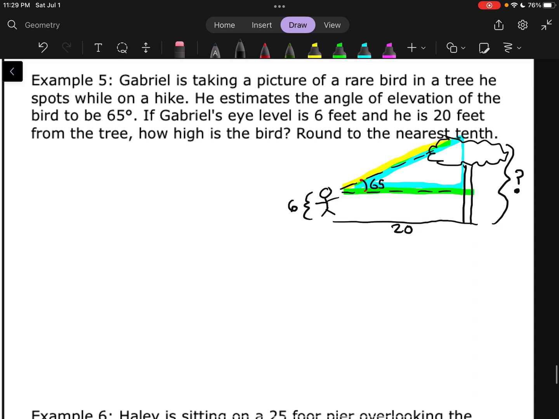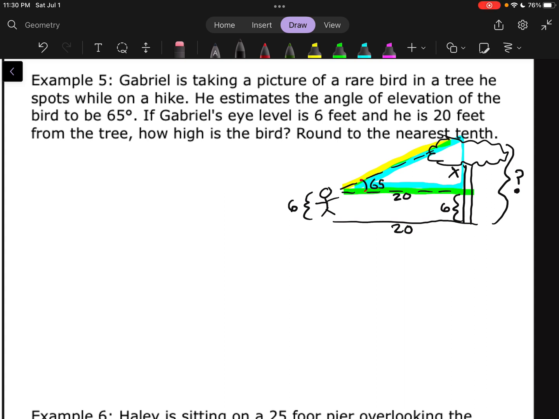So instead, I'm going to put the x over here. Then we just need to remember that what we really need to do is find x and then add 6 to it, because this entire triangle is floating 6 feet in the air, since it's all taking place above Gabriel's head.